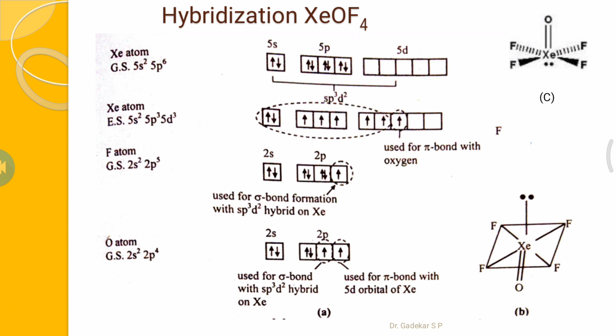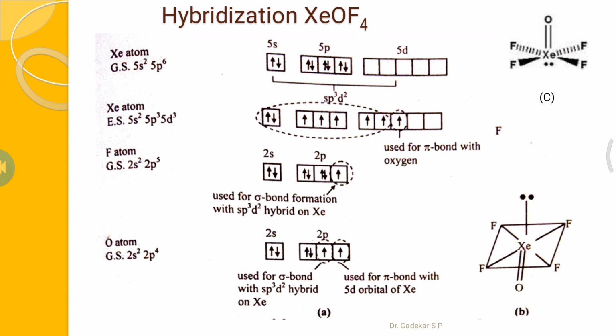So this forms figure B on the right hand side. It is octahedral because it contains 6 electron pairs: 5 bond pairs and 1 lone pair. 4 fluorine and 1 oxygen are bond pairs and 1 lone pair is present. So that is octahedral geometry.